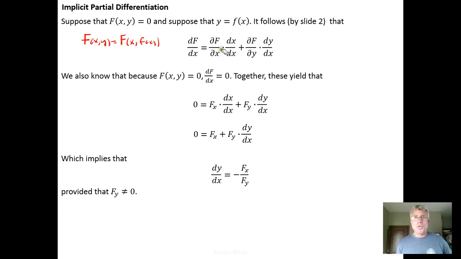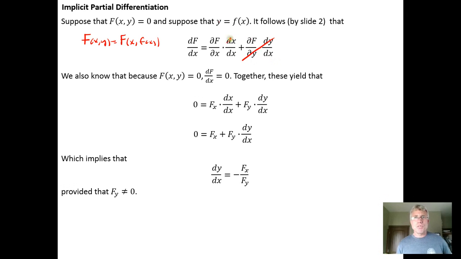But I can multiply by dx dx, which is just another form of 1, plus, now I'm trying to figure out how f is changing because of x, but because y is changing because of x, I'm going to need to multiply partial f partial y times dy dx to figure out how f is changing because of x.